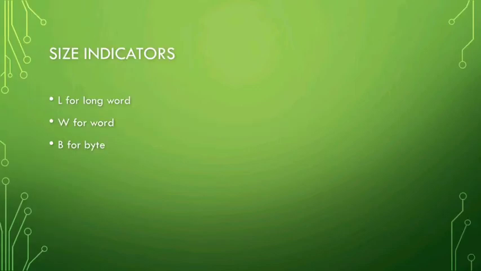The size indicator is L for long word, W for word, and B for byte. Thus, if an add instruction is to operate on long word operands, its operation mnemonic is written as add.L. When no size indication is given, the operand size is taken to be one word. This means that the instructions add.W #20,D1 and add #20,D1 are identical.